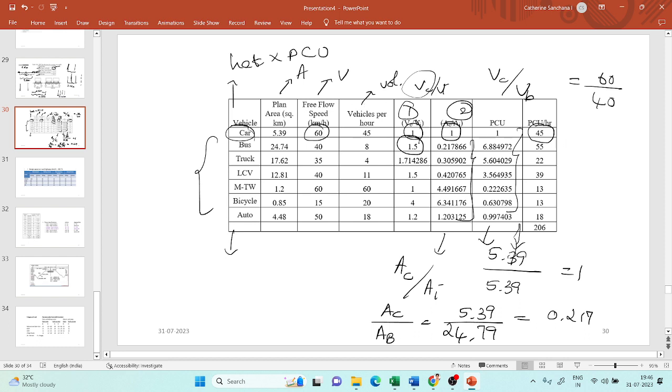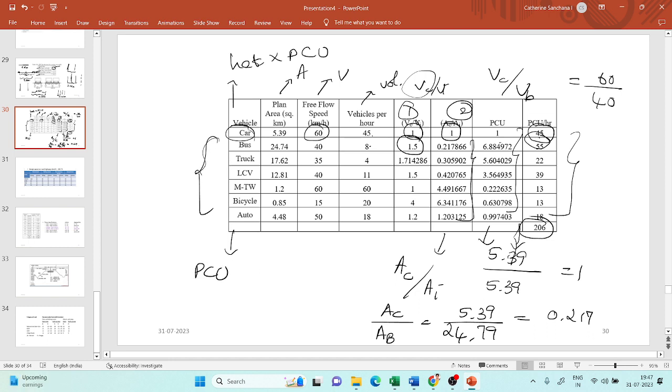So if you see, 45 into 1 will give me 45. 8 into 6.88 will give me 55. Similarly, you have to multiply all of these, and add them all up, because now you're getting the total volume in terms of passenger car units.